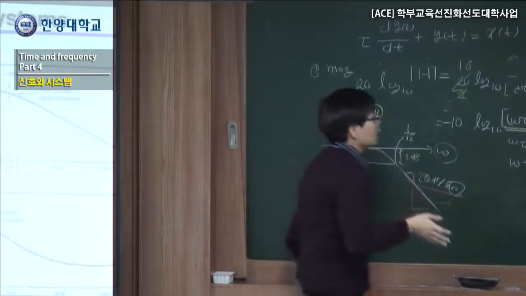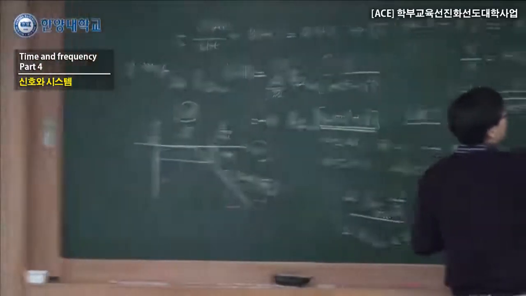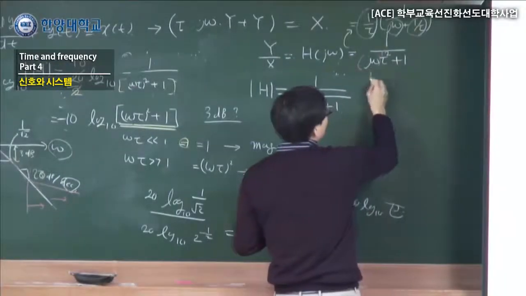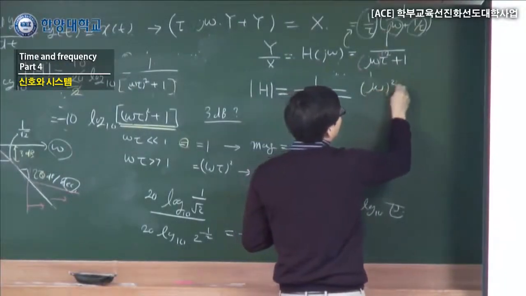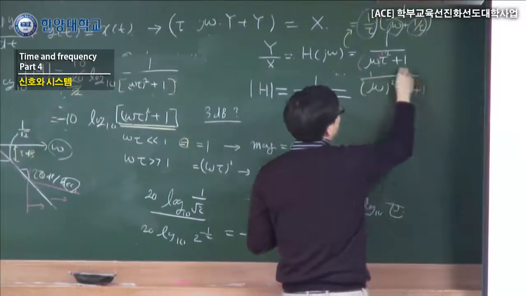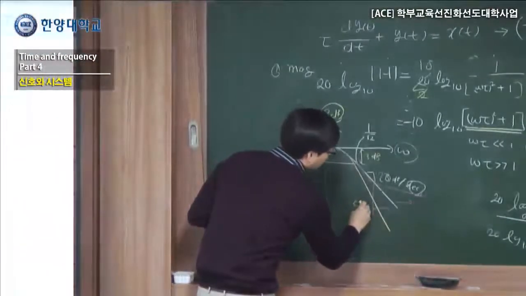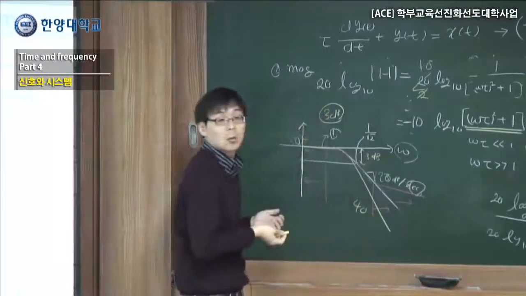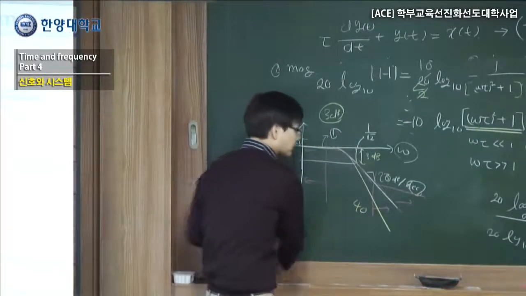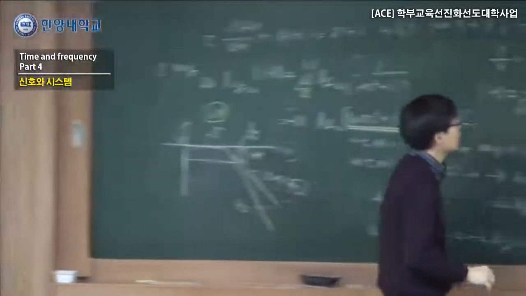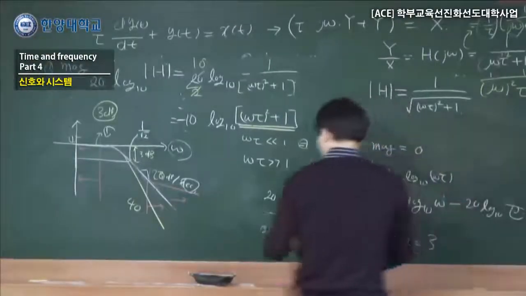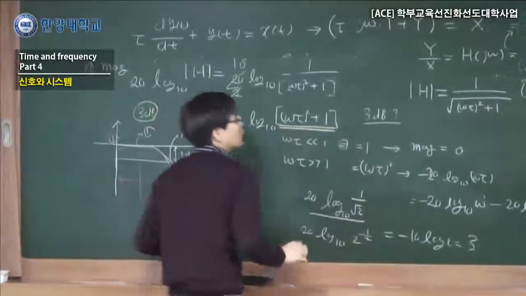If you see it later, in a second order system, (j omega) squared tau plus 1 over 1, something like this, it decreases by 40 dB per decade actually. Why? Let me draw in yellow.